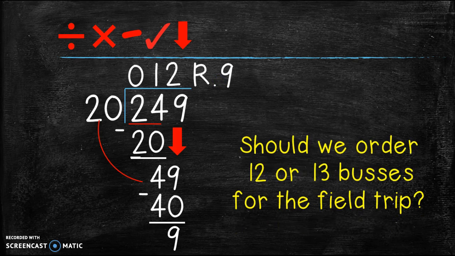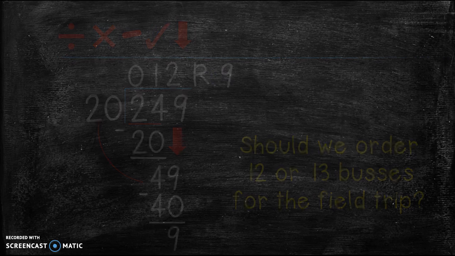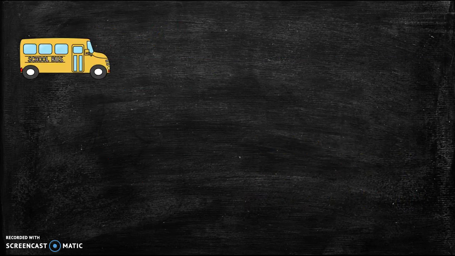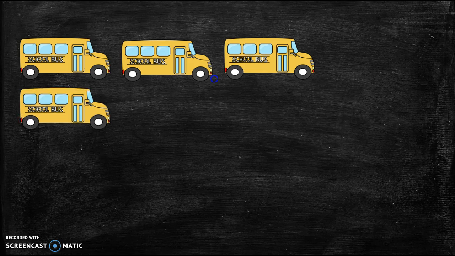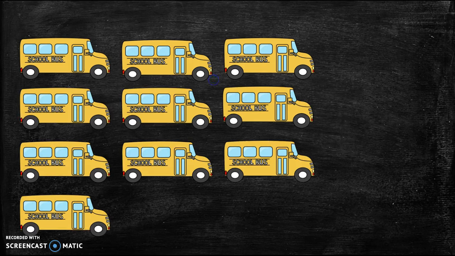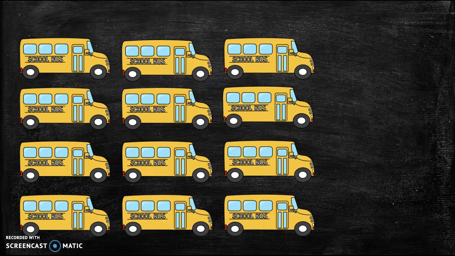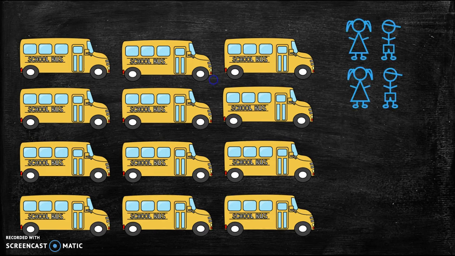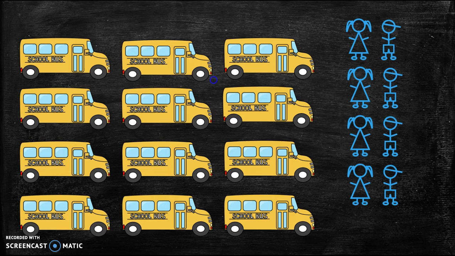So should we order 12 or 13 buses for the field trip? Well, if we order 12 buses, 1, 2, 3, 4, 5, 6, 7, 8, 9, 10, 11, 12, we're still going to have 2, 4, 6, 8, 9 people left over.